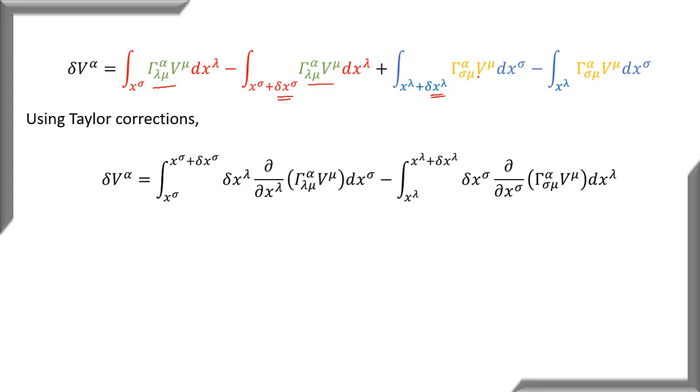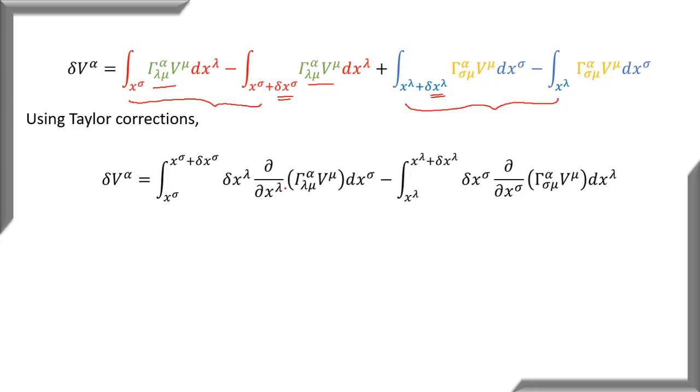So I will bring in some second order Taylor correction, and actually I can club these two integrals and these two integrals and write these four integrals as just two integrals using the Taylor correction, where this deviation or the integral ranges from x sigma to x sigma plus dx sigma, and another integral ranging from x lambda to x lambda plus dx lambda.